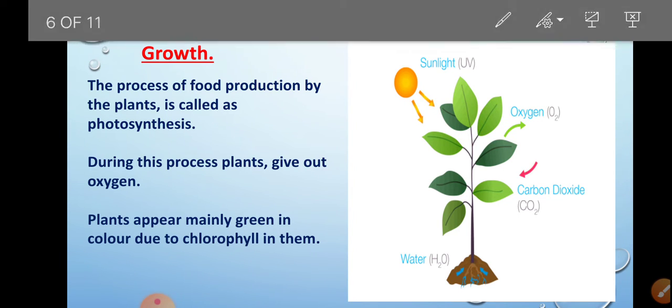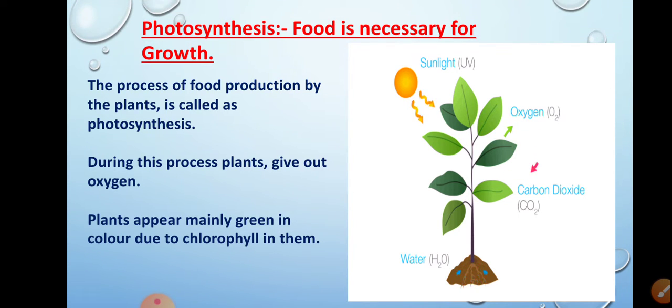So the process of food production by the plant is called photosynthesis. During this process, plants give out oxygen and absorb carbon dioxide from the air. And plants appear mainly green in color due to chlorophyll in them.